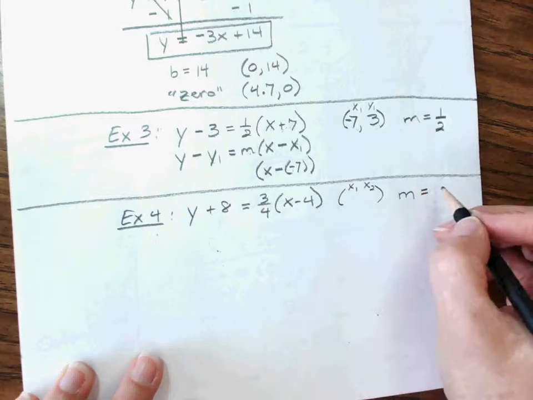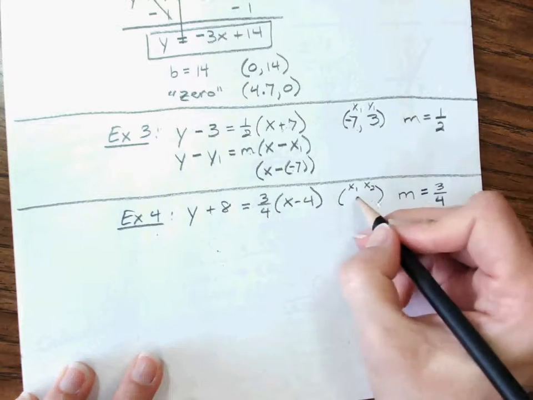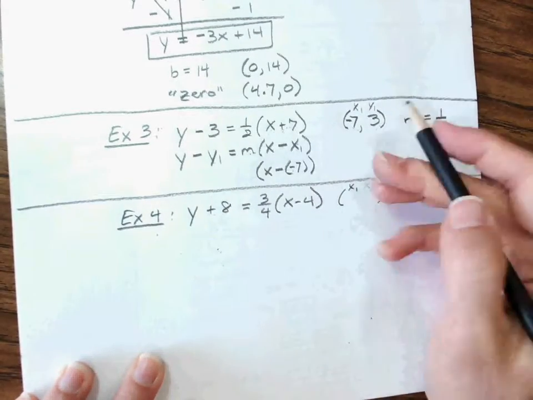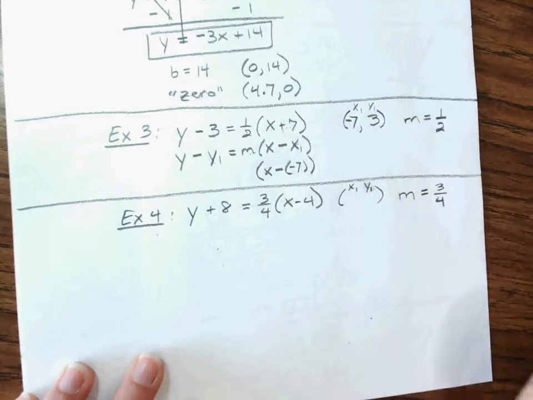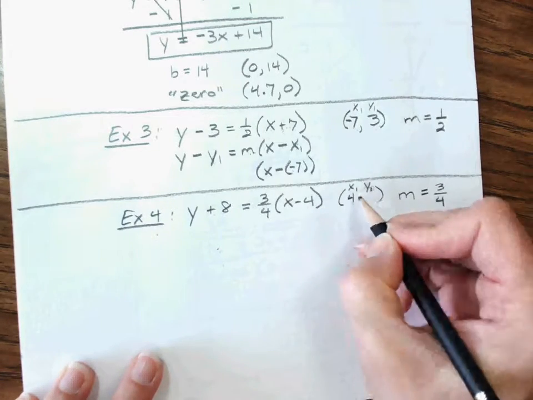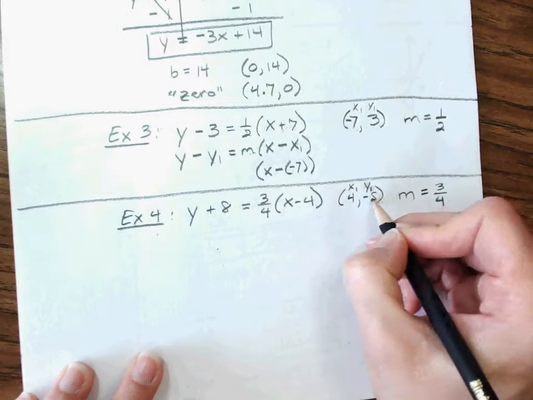Okay, so your answers should be slope is equal to 3/4, and, oh, sorry, I put x1, x2. What I meant to put is x1, y1. Sorry about that. Okay, so my x1 is positive 4 because I have to take the opposite sign, and my y1 is opposite sign of that, which is negative 8.